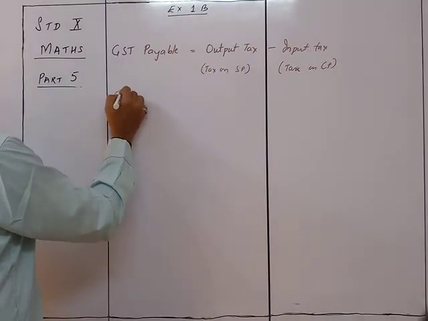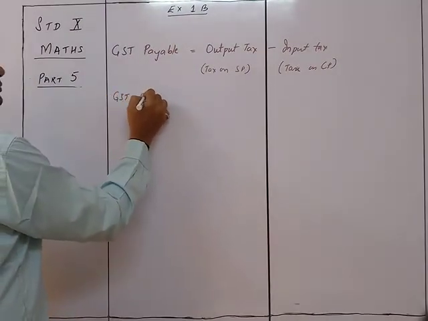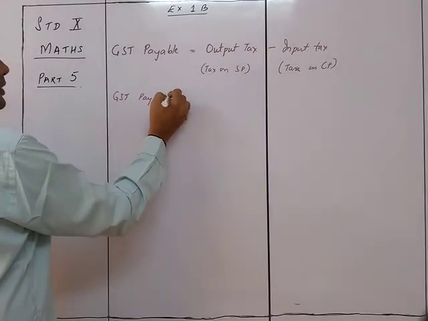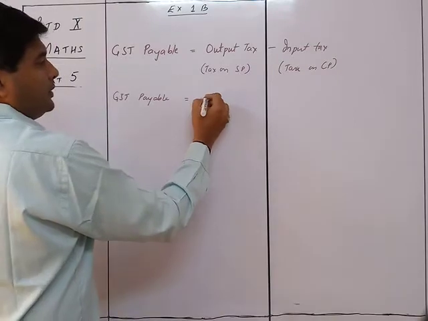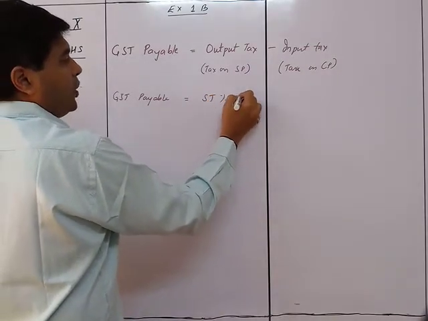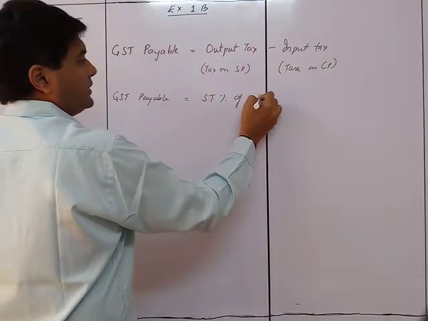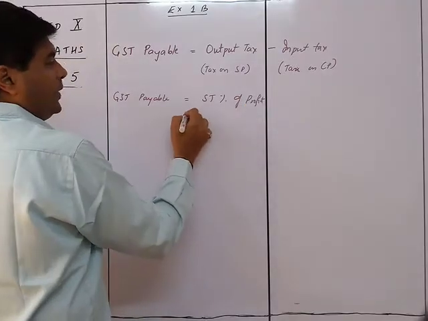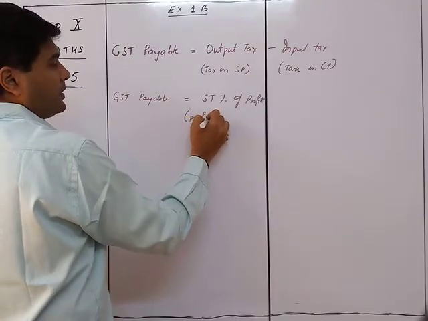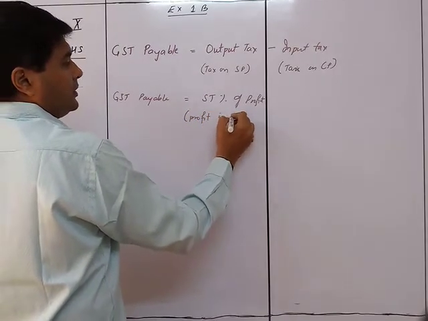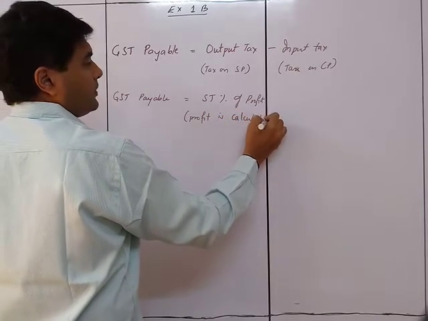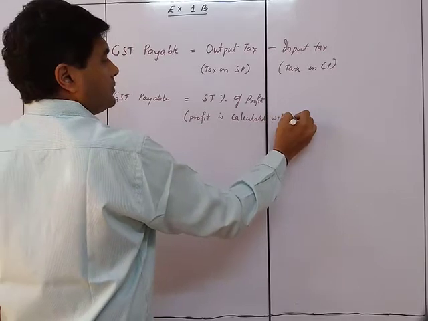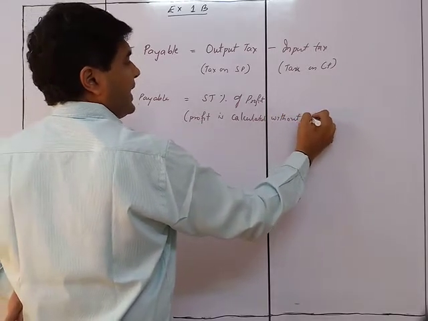Another thing is GST payable is equal to ST% of profit, where profit is calculated without the tax amount.